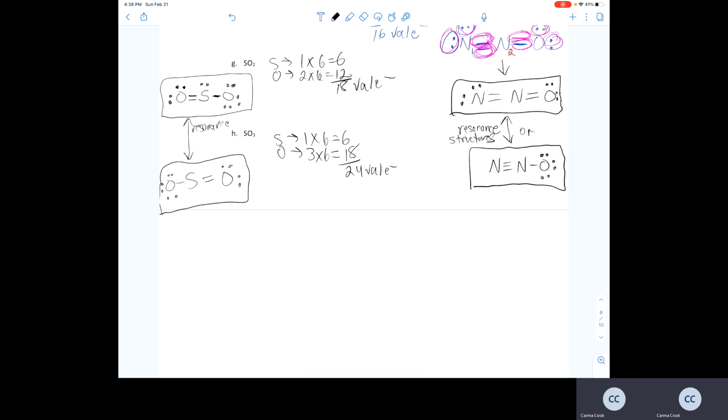And to indicate resonant structures, again, you draw a double-headed arrow between the 2 structures. And we can also consider, like we said, this a hybrid bond. And you indicate the hybrid by having a dashed line and a solid line. The dashed line represents half of a bond. The solid line represents an entire whole single bond.